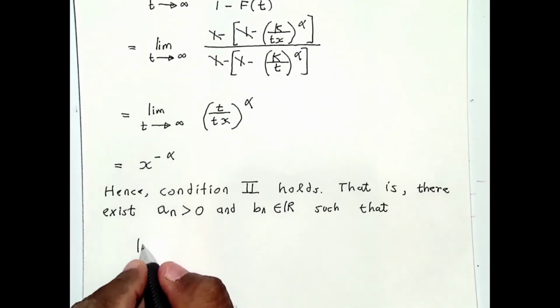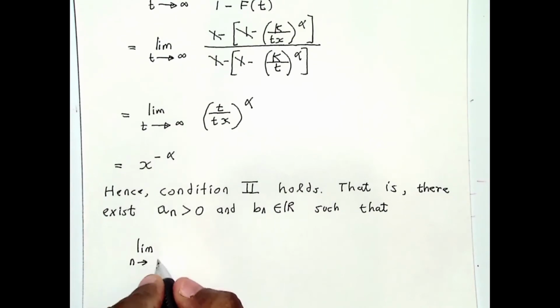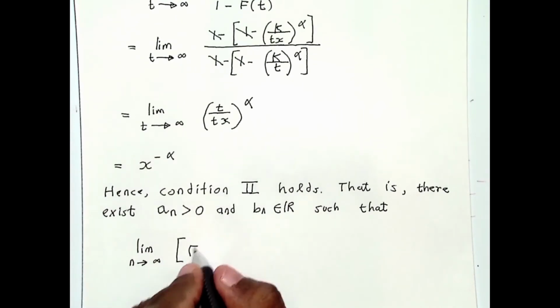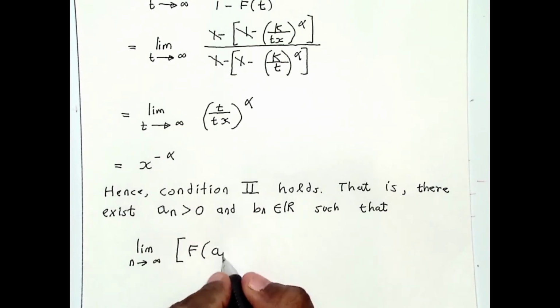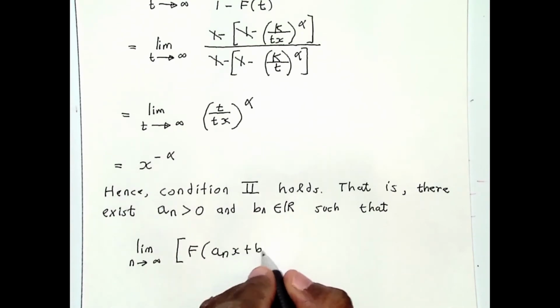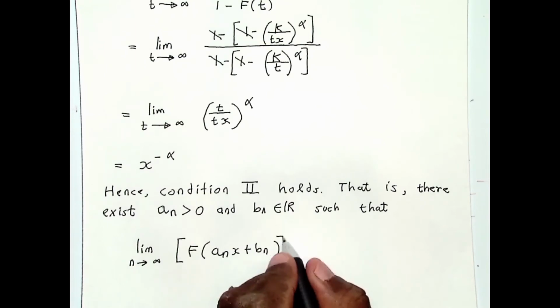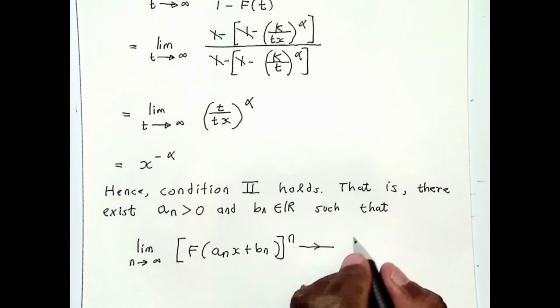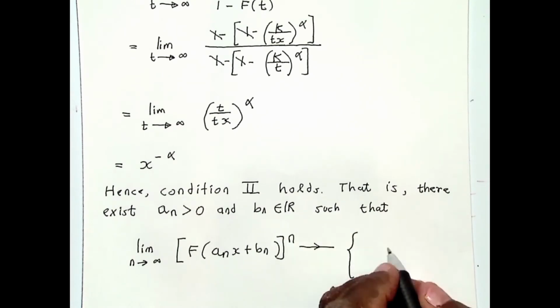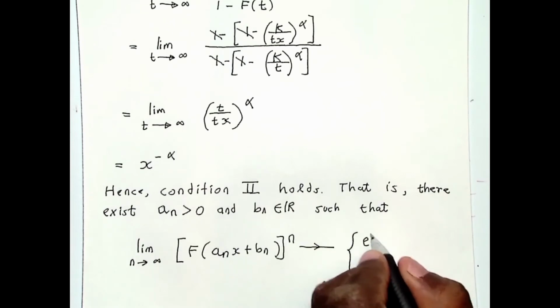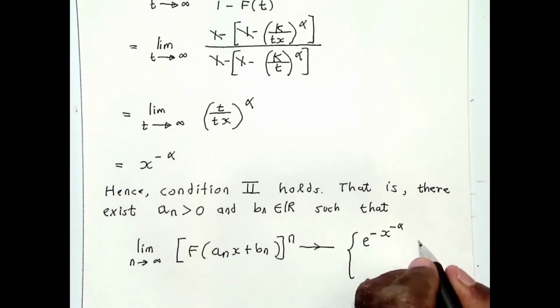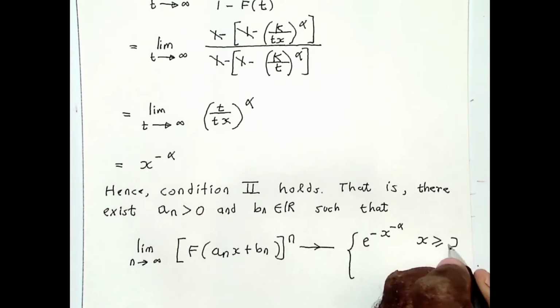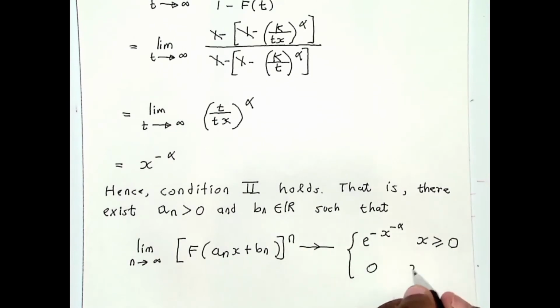So it's the limit of this is the Frechet distribution, which, I'm sure all of you know, is e to the minus x to the power minus alpha for x greater than 0, and 0 otherwise. Okay. Right, so this completes question 10.